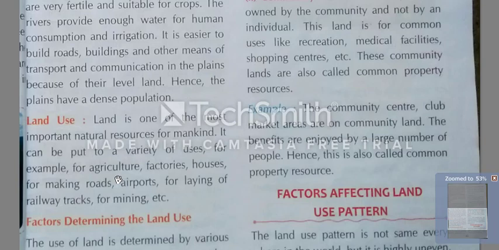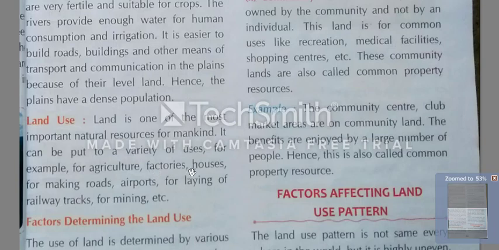Agriculture is possible only because of land. Some plants grow in water also, but most of the crops, most of the food grows on the land, in the field. So land is very useful.